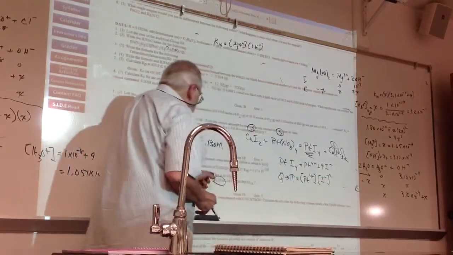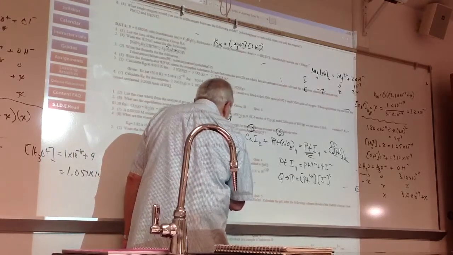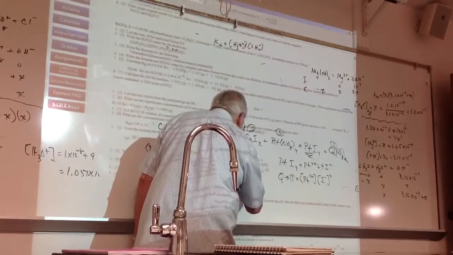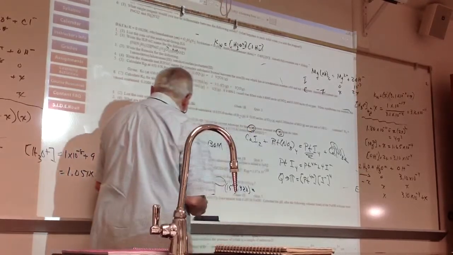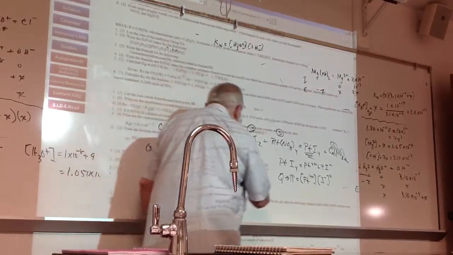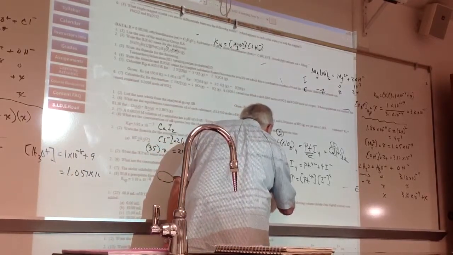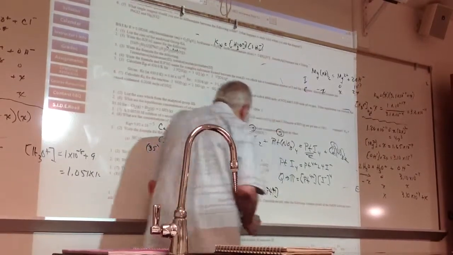Then we want to get the concentration of the platinum. There's only one platinum there, so essentially we're going to have 15 milliliters times, equals, and the total volume is still 35 milliliters. Plus concentration.